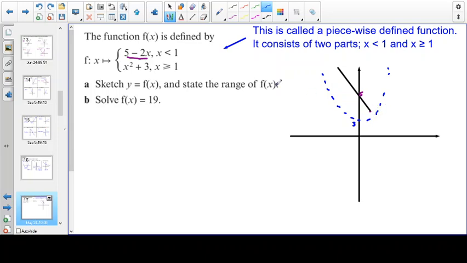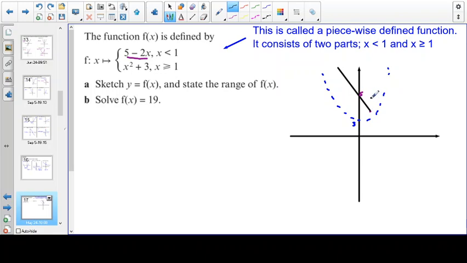So the smallest value on that quadratic is going to be where x equals 1. So where x equals 1, y equals 4. So that was the point 1, 3. The quadratic, its first point is 1, 4. So that's there.